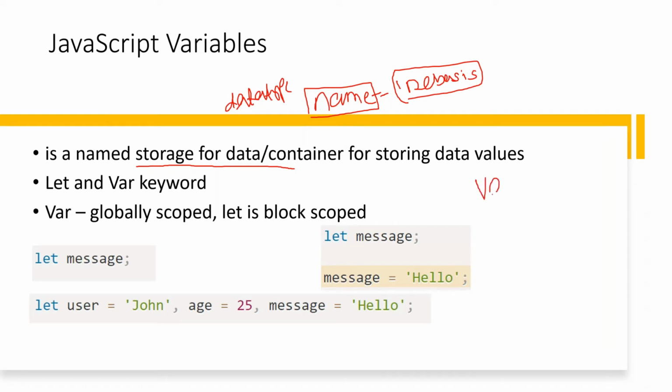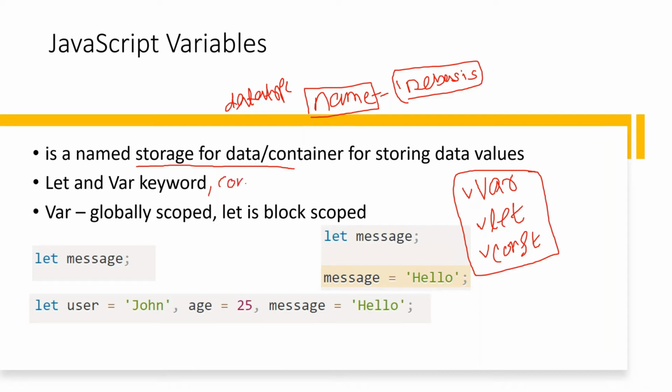One is the var keyword, one is the let keyword, and one is the const keyword. I'll explain the difference between these, and when I'm going to use each. For now, just remember we have three different keywords I can use to create a variable: let, var, and also const.